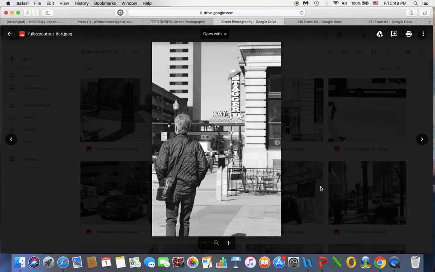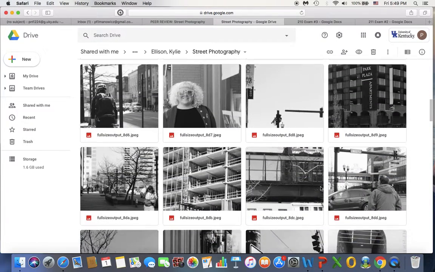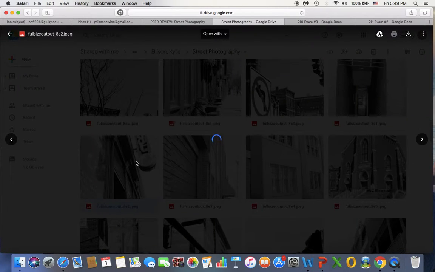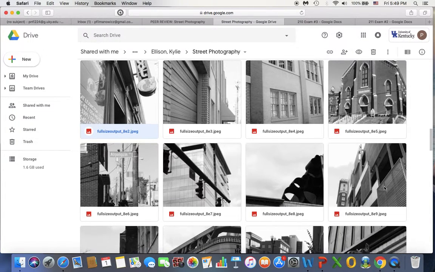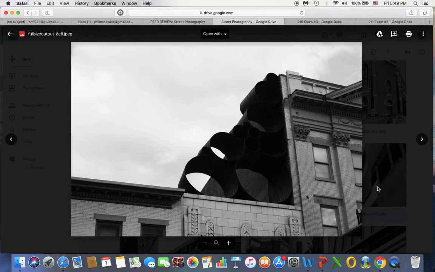And then there are also several other pictures that are displaying worm's eye view, in which you're looking up at the subject, like this one, and this one, and this one as well.